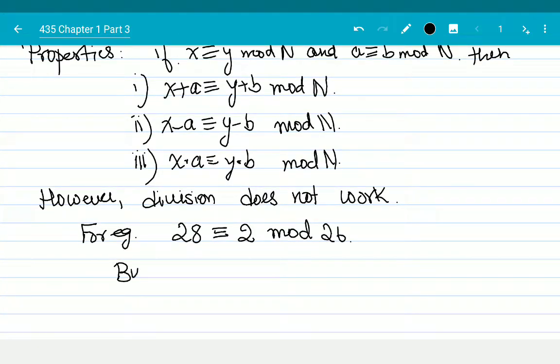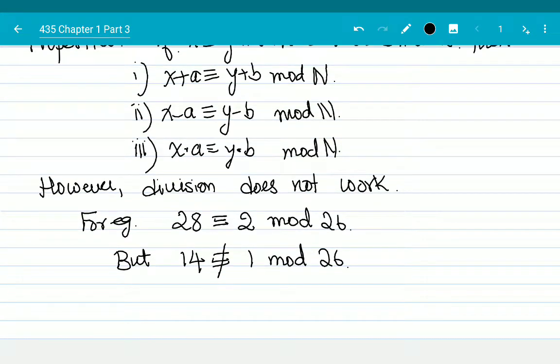But obviously 14 is not congruent to 1 mod 26. So unlike addition, multiplication, and subtraction, division does not work for these.